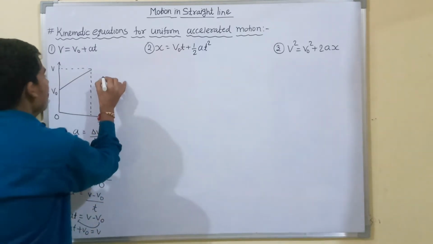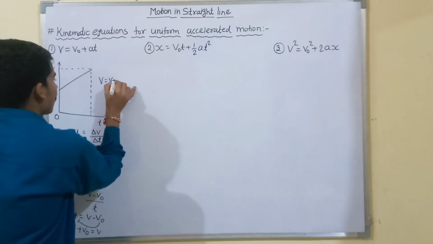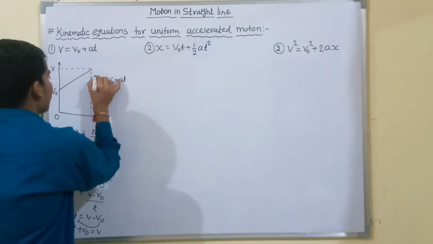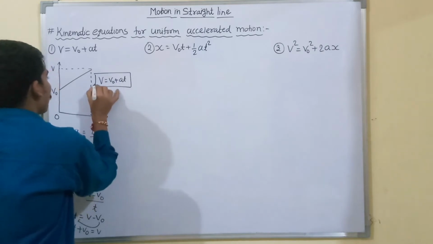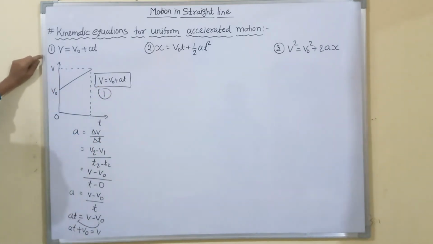What is the final equation? v equals v0 plus at, and this is our equation number first, the first kinematic equation for uniform accelerated motion.